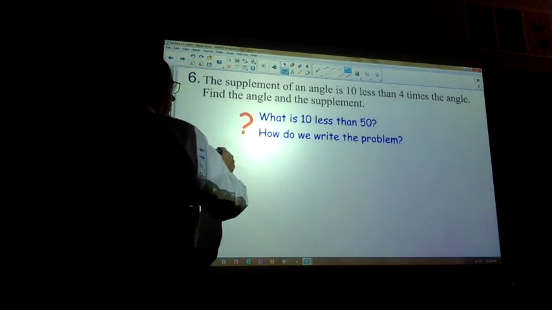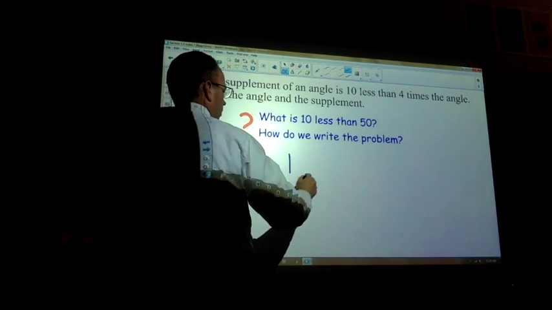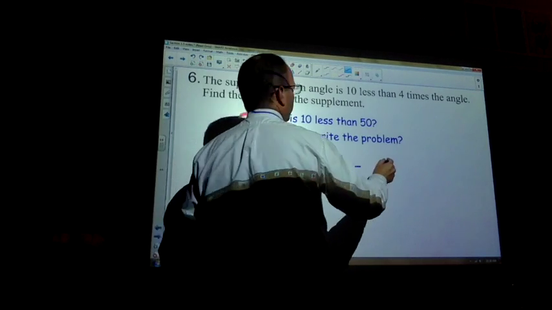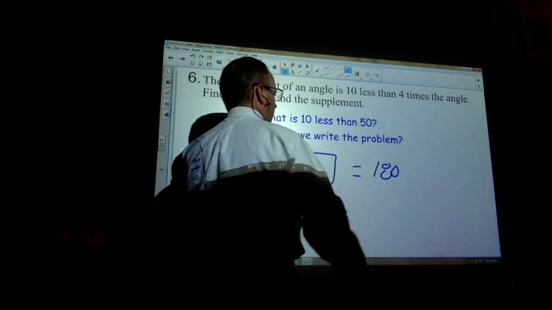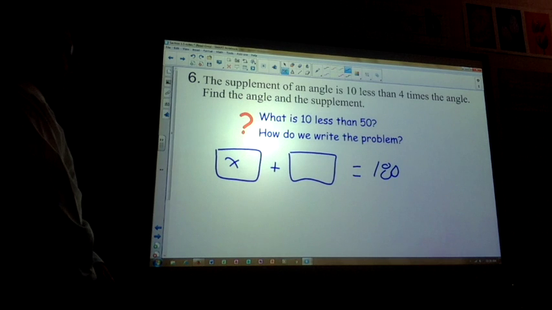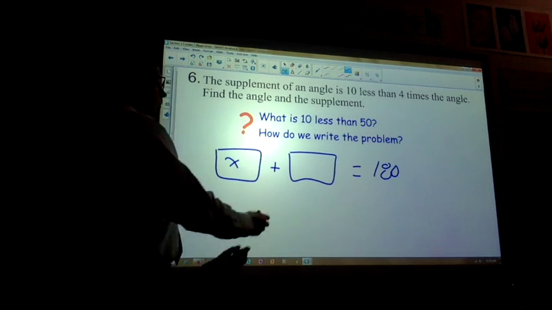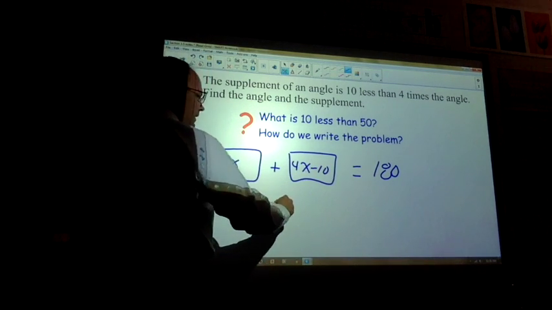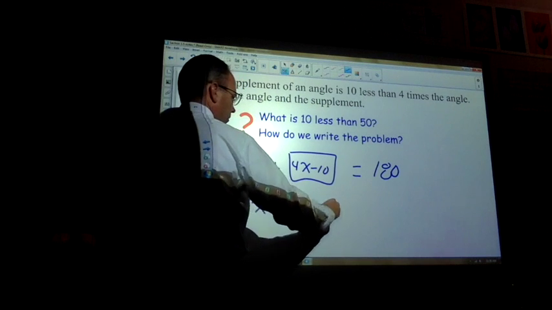Let's create this. I have x. I have something else. We're going to add them together and get 180, as a supplement. The supplement of an angle is 10 less than 4 times the angle. So then we get 5x minus 10 equals 180.